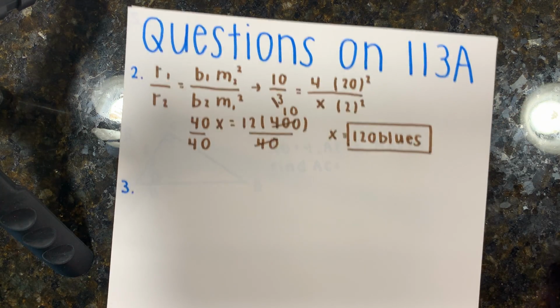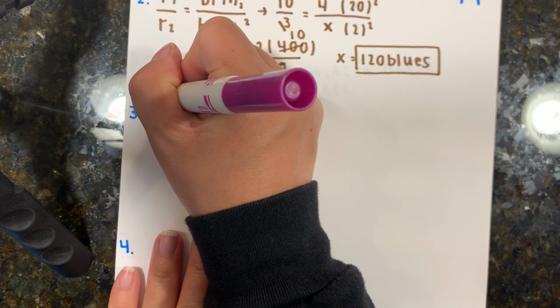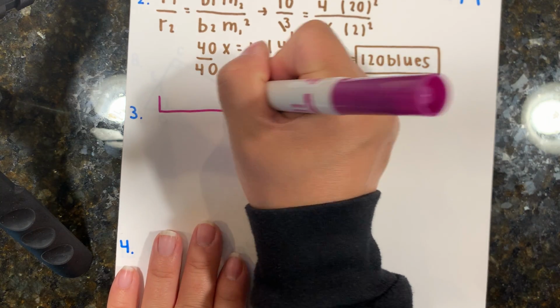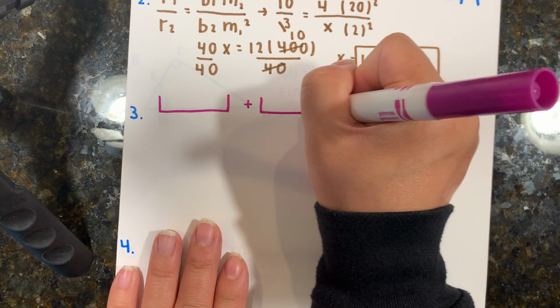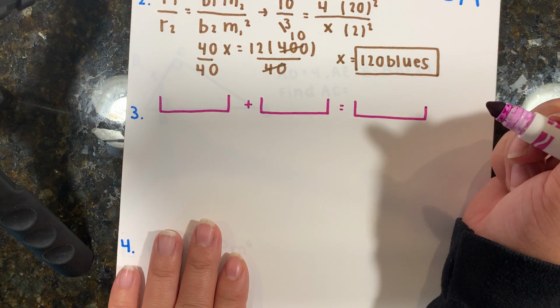Now looking at number 3, we have, it was necessary to mix 200 milliliters of a solution in which the key ingredient made up 63% of the total. One container held a solution that was 70% key ingredient, the other was 60%. How much of each should be used? So for number 3, we're adding 2 solutions to get a final solution.